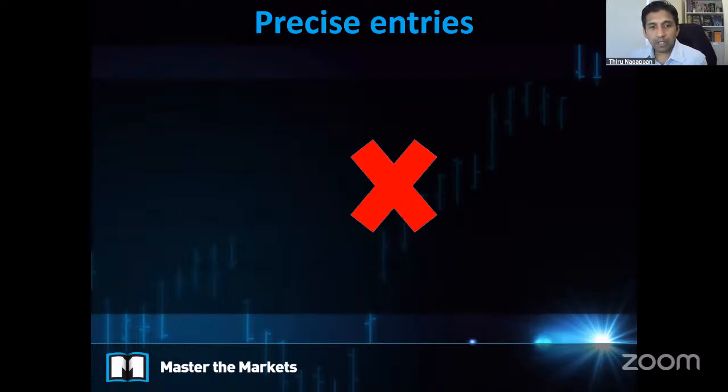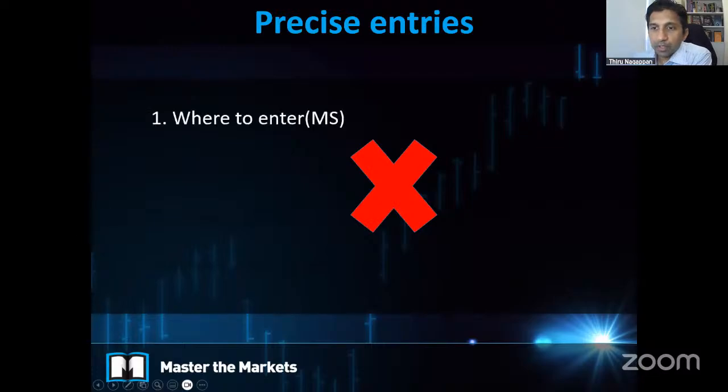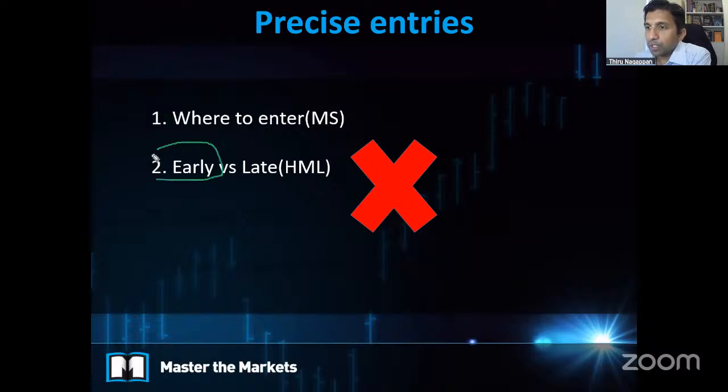They come to us and tell us, you know what, Thiru, one of the things I really struggle with is I don't know where to enter, and most of my entries are guesswork. And that is what is leading to most of your inconsistencies, traders. The reason is because you don't have the MS factor, which I'll talk about in a minute. And the other thing, as I've mentioned before, when I was looking through the live trades, is that early versus late.